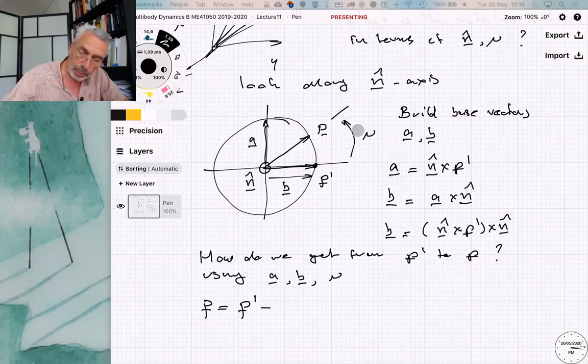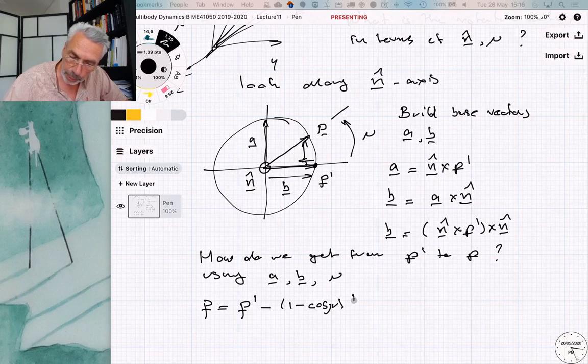Well, if this is mu, then I have to walk back this short distance and then go up. Now this short distance back is 1 minus cosine mu, times this B vector. And then I have to go up, plus, but not all the way, only sine mu times A.